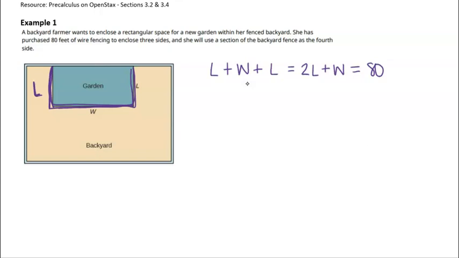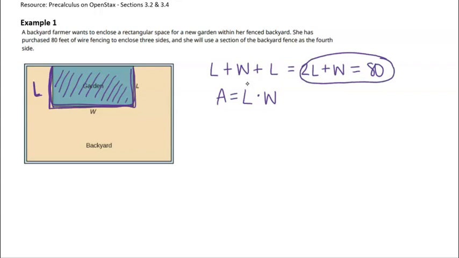The big question, that I forgot to include here, is what is the maximum area of garden that she can create? Well, area is going to be length times width. So let's go ahead and solve this for W by subtracting 2L.